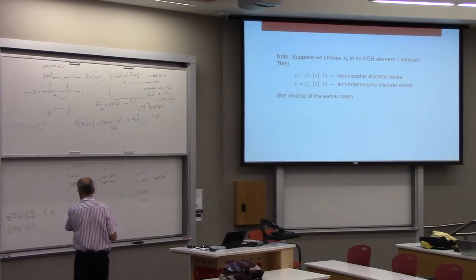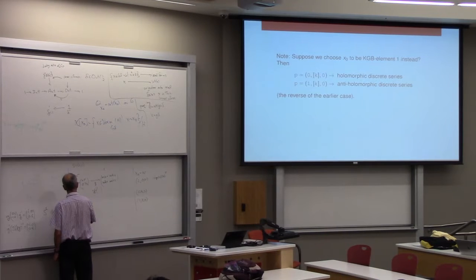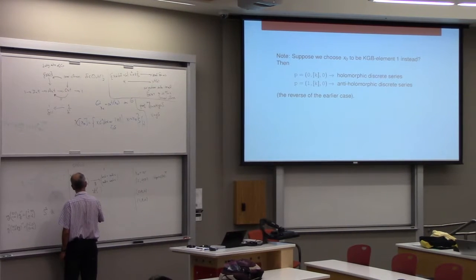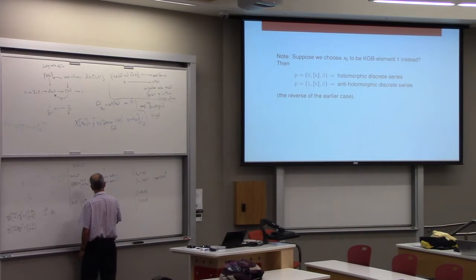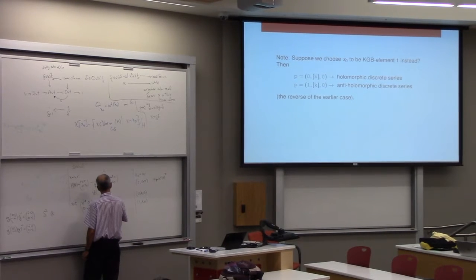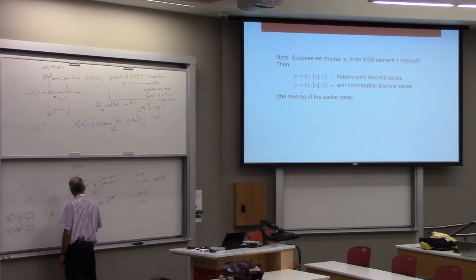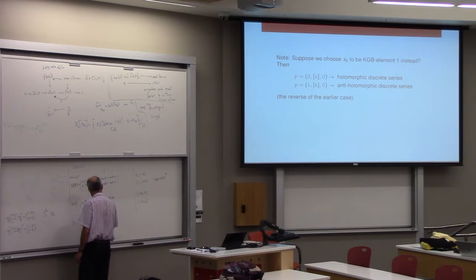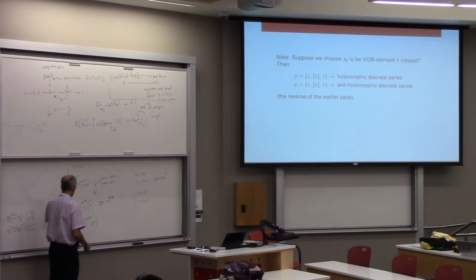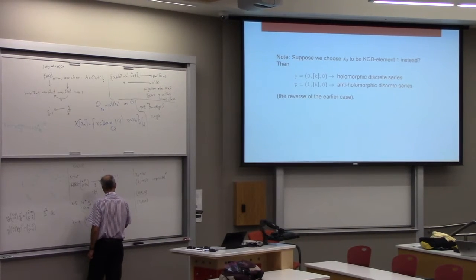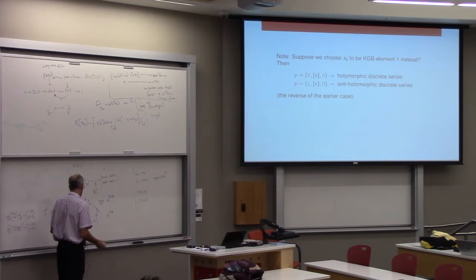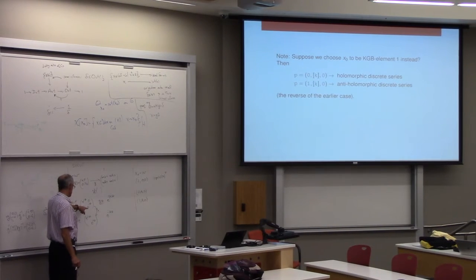And to complete this analogy, if you chose x equal to t, then you'd be talking about this Cartan, and you could take g equal to 1, and you'd be getting this e to the ik theta. And if I chose x equal to minus t, I'm getting this Cartan. But these two Cartans you need to identify by the automorphism S alpha, and that's why you're getting e to the minus ik theta. Even though it's the same Cartan, you need to keep track of this extra automorphism of it, which takes t to minus t.